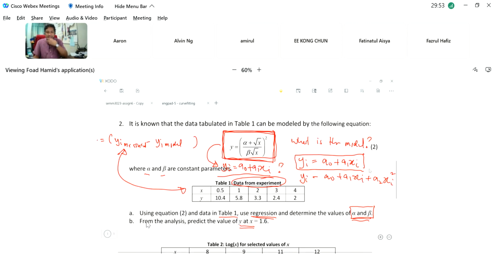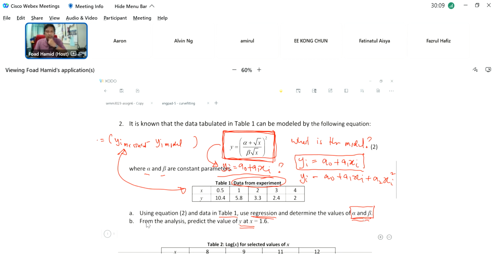So you can see that we have 5 data points. And what we did was we use linear regression, because this thing asks for 2 unknown parameters.